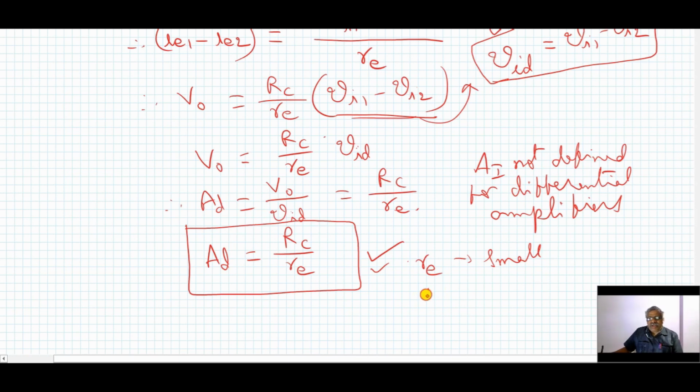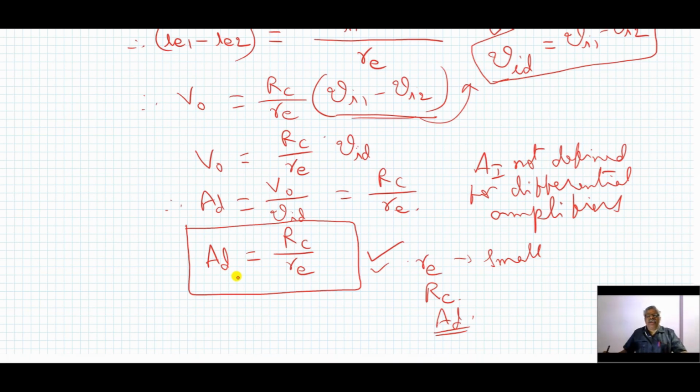If you select an appropriate value of RC, then you can get a desired differential gain AD. If your gain is fixed, you can select the RC value appropriately. Or if you fix the value of RC, you can know how much differential gain you can get. This is how the differential gain can be obtained for this dual input balanced output differential amplifier.